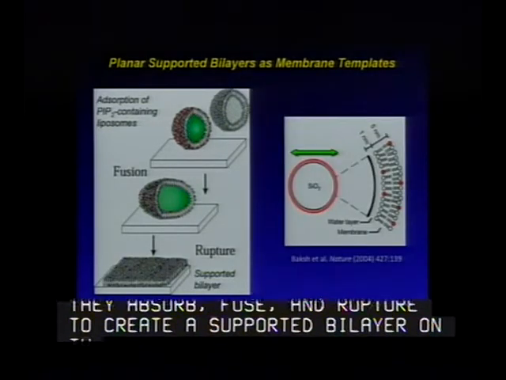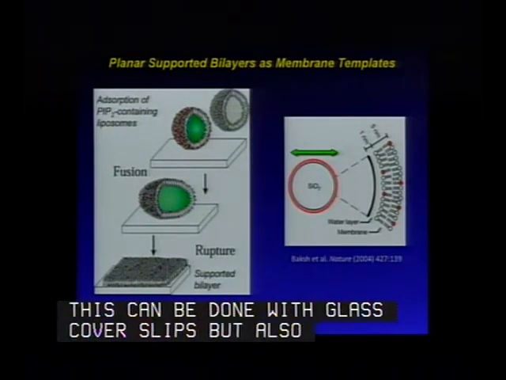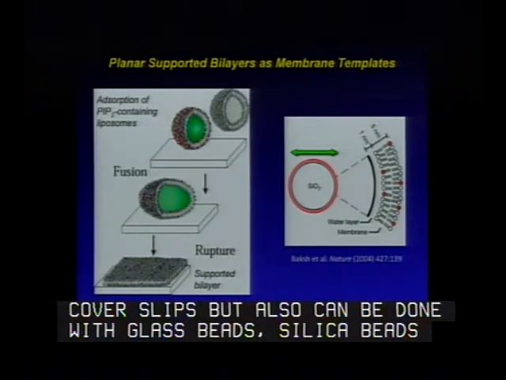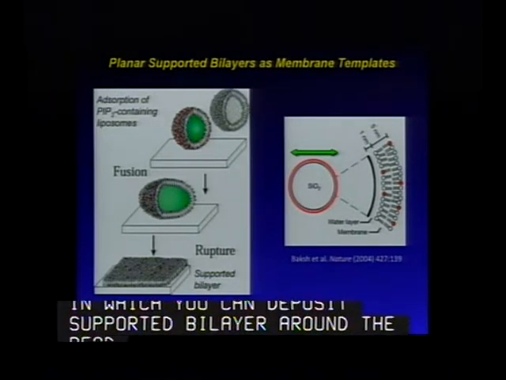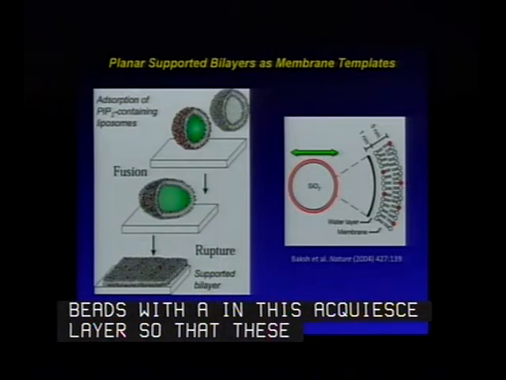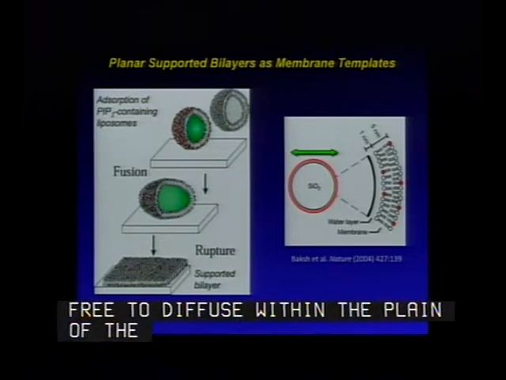This can be done with glass cover slips, but also with glass beads, silica beads, in which you can deposit a supported bilayer around the beads with a thin aqueous layer of about a nanometer, so that these lipids are free to diffuse within the plane of the bilayer in these systems.